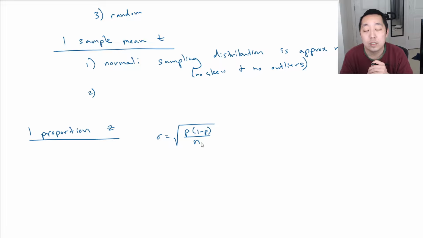So here's the thing. If I know the proportion, I know the standard deviation of the population. That's what this formula tells you when you're doing the standard deviation of a binomial distribution. If I know the p, that is the proportion of the population, I automatically know the standard deviation.